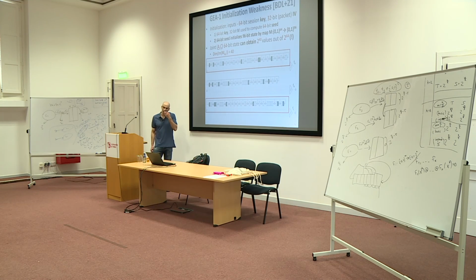So if you're a designer and you want to embed a backdoor, you would design this mapping M such that, if you project the initialization mapping onto the states A and C, then the projected mapping won't have full rank. That's how you would design the cipher if you wanted to plant a backdoor, and that's probably what they did. Any other questions?